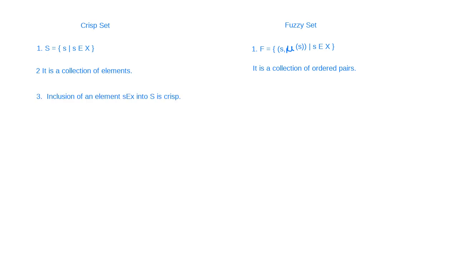But in the case of fuzzy, inclusion of element S belongs to X into F is fuzzy. That is, if present, it is with the degree of its membership, right? So S belongs to X into F is fuzzy, right? This is clear, the difference between crisp set and fuzzy set.